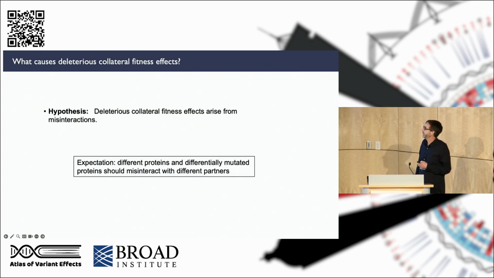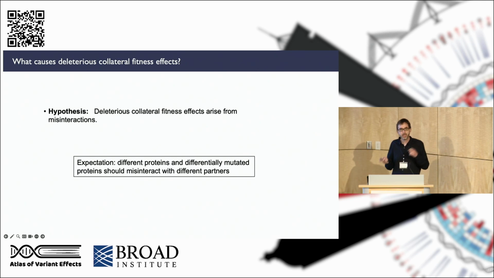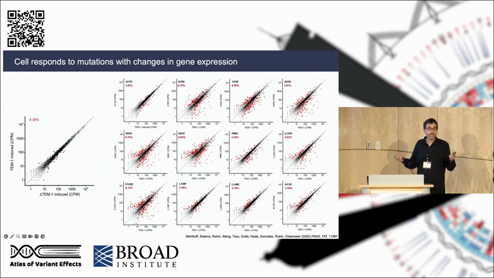And if that's true, we would expect that different proteins and differentially mutated proteins should misinteract with different partners. And if that's the case, maybe the cell would respond in different ways to those effects. And so we next asked, what does the cell think is going on?